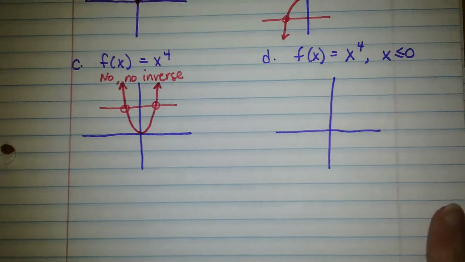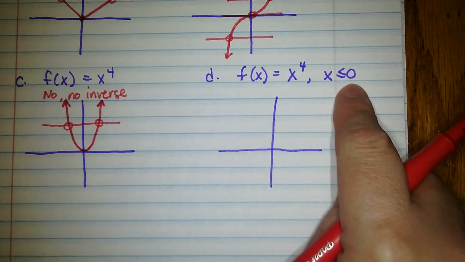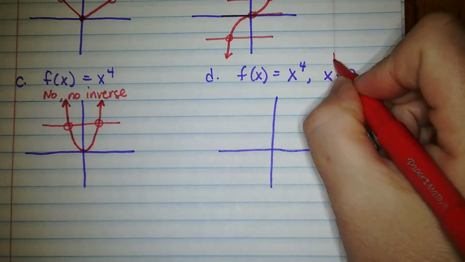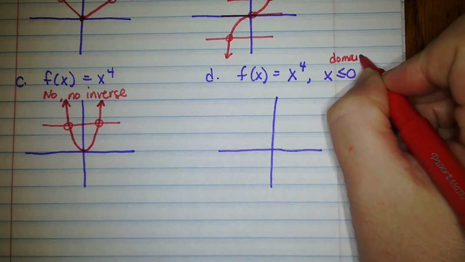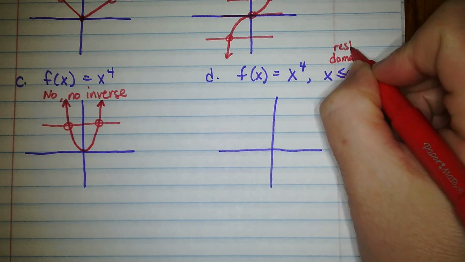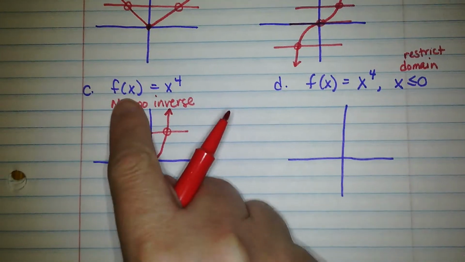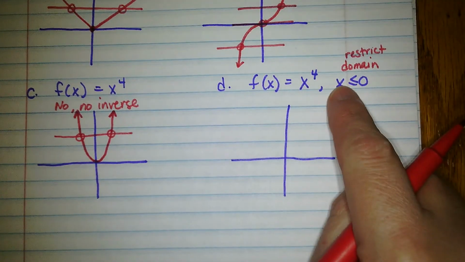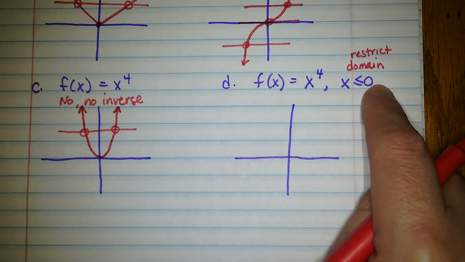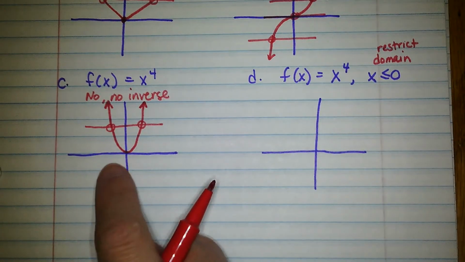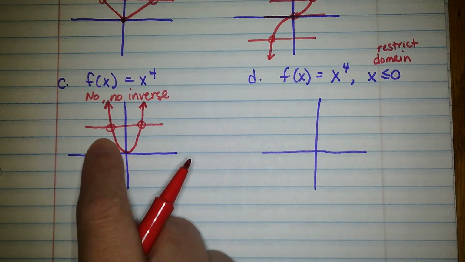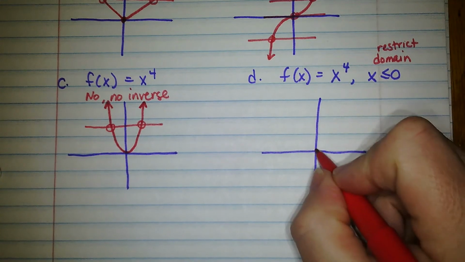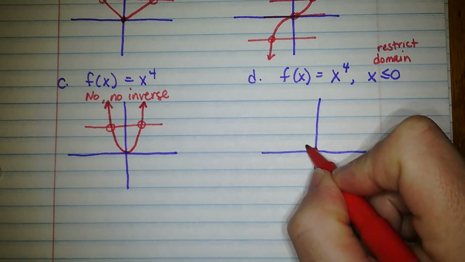And then if you take a look at D, look what they did there. This is the domain restriction we were talking about. They restricted the domain. So now they're saying, okay, take this graph of x to the 4th, but only show me where x is less than or equal to 0. So if we want where x is less than or equal to 0, we're only looking at the left side of this graph.